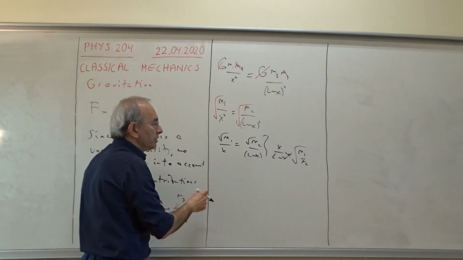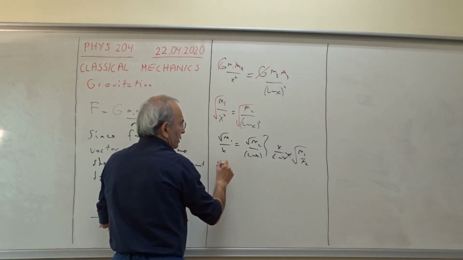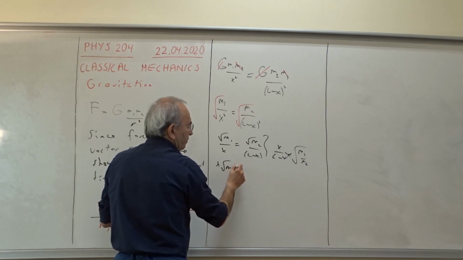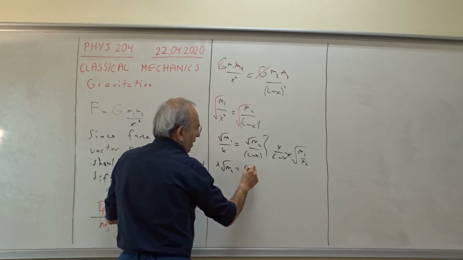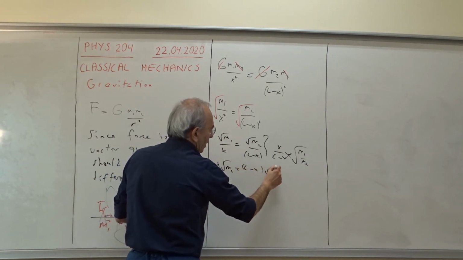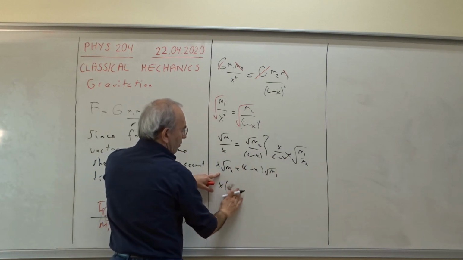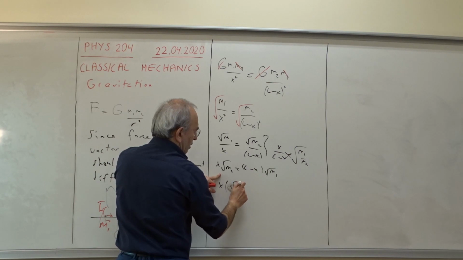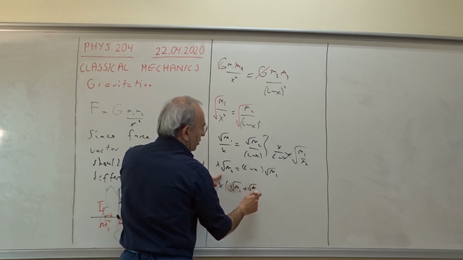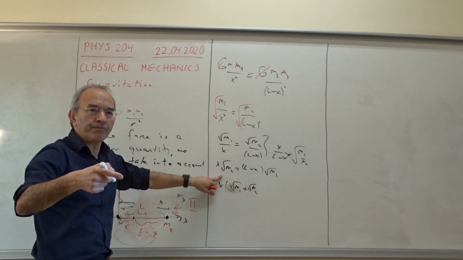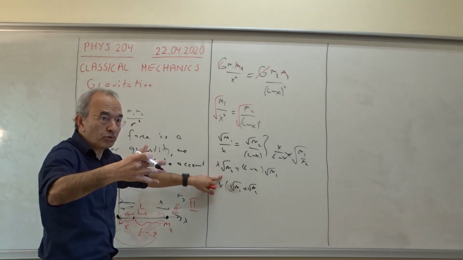Let me just complete it. X times root M2 on the one hand, L minus x times root M1 on the other hand. So x multiplied by, take it to the left, root M1 plus root M2. Remember, it is not root of M1 plus M2. It is root M1 plus root M2.